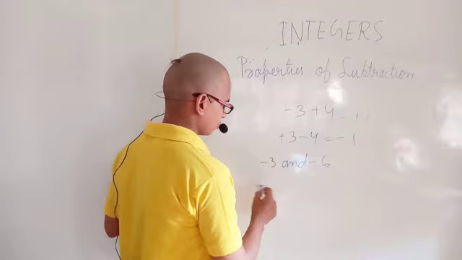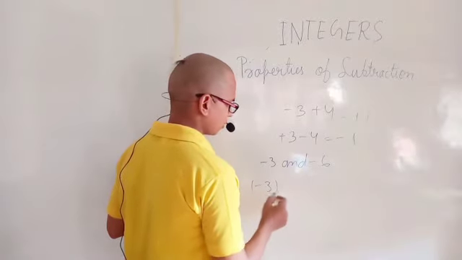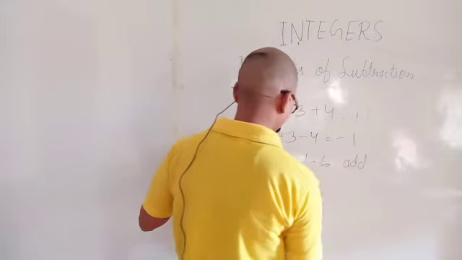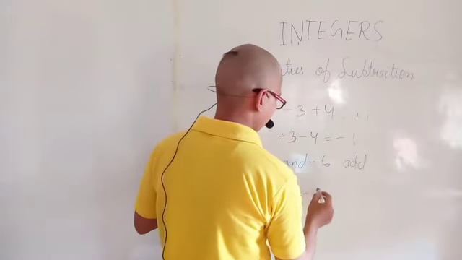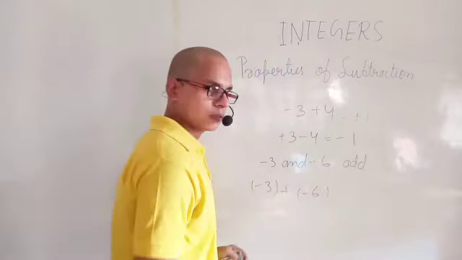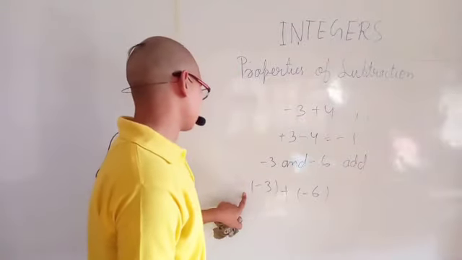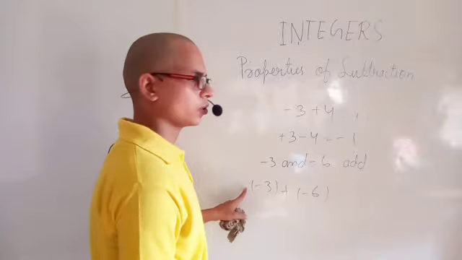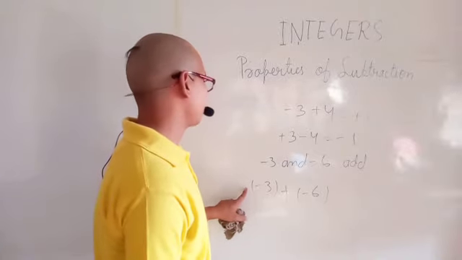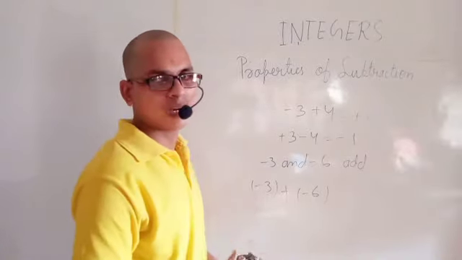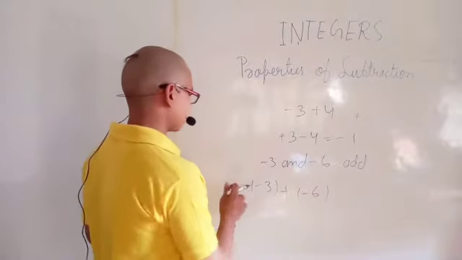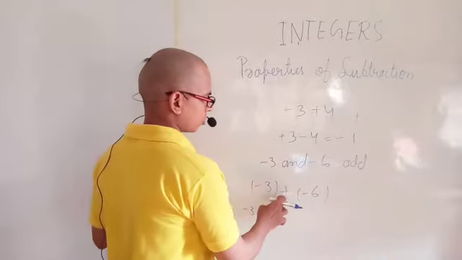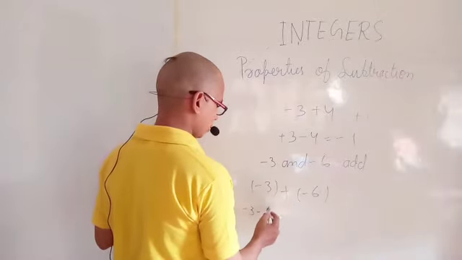Okay, so minus 3 we will take, and add means what? We will put a positive sign, and now we use this number. Okay, there is no sign, so that's why we take a positive, and we know that the meaning of a bracket is multiplication. So plus times minus gives a minus. There also plus times minus, so we have a minus.